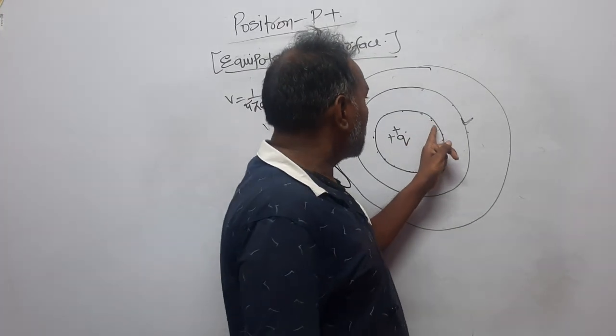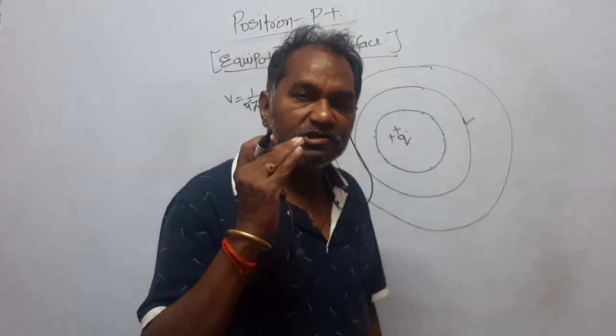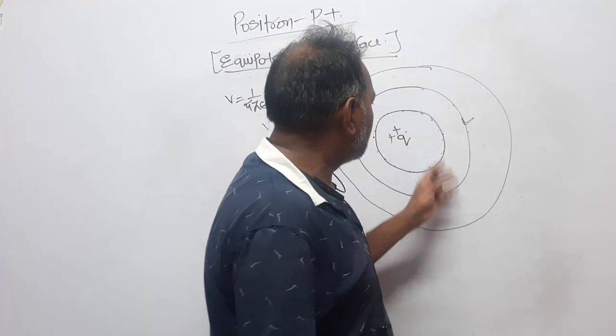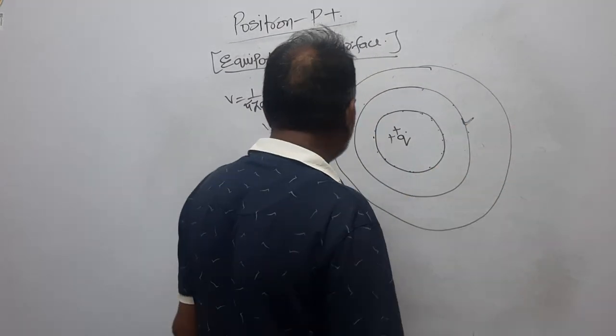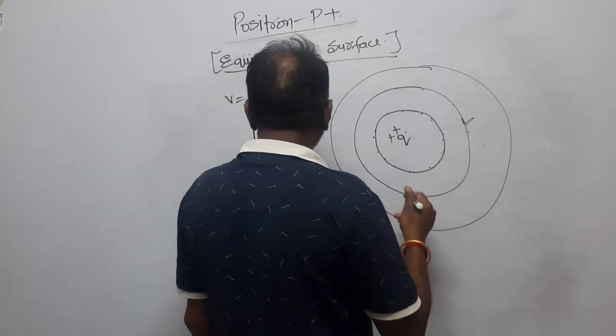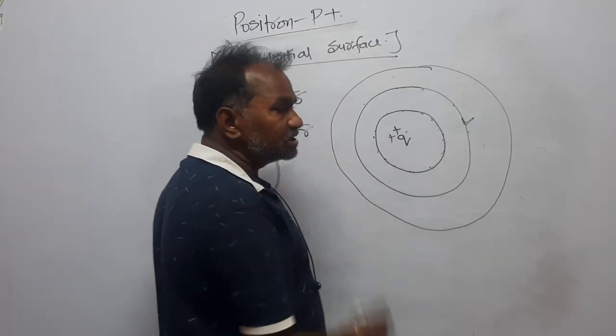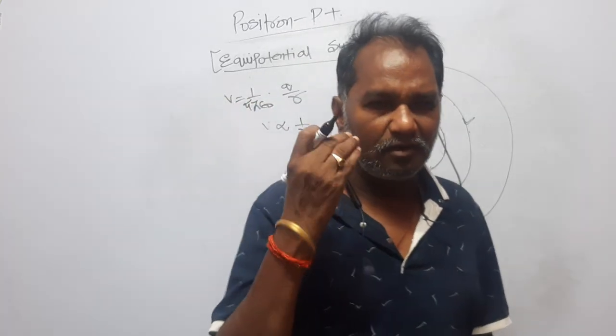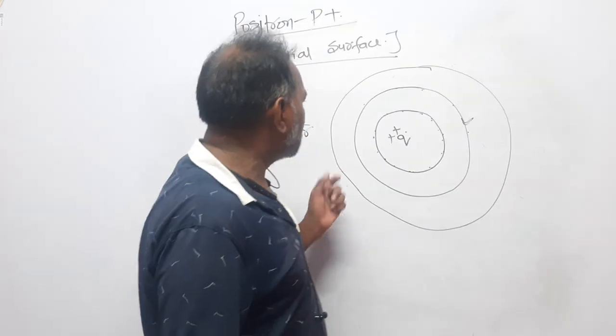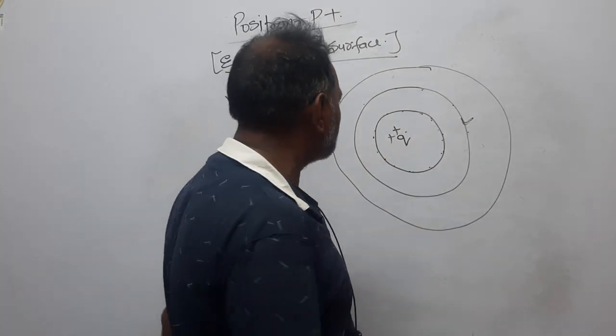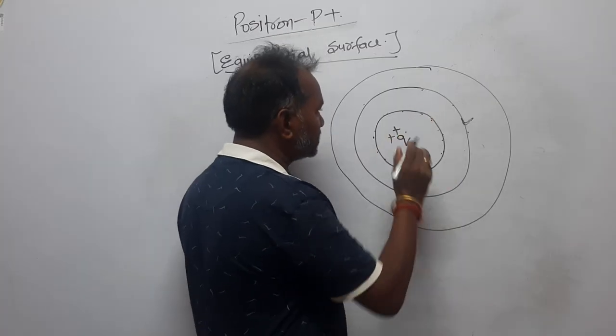So as you move ahead, potential at every sphere decreases. So it is an equipotential surface.